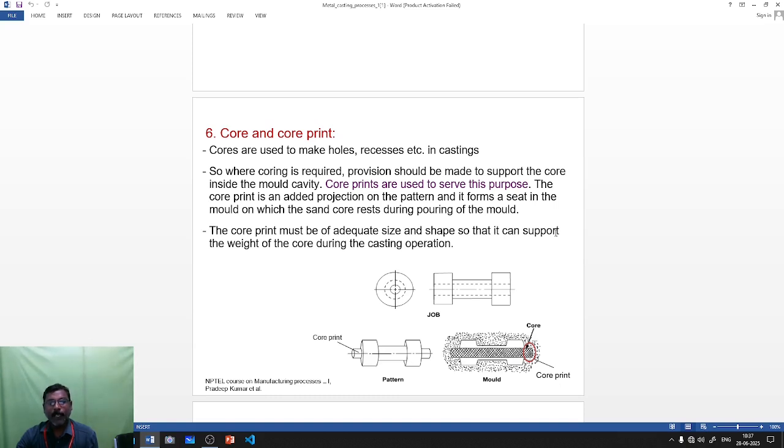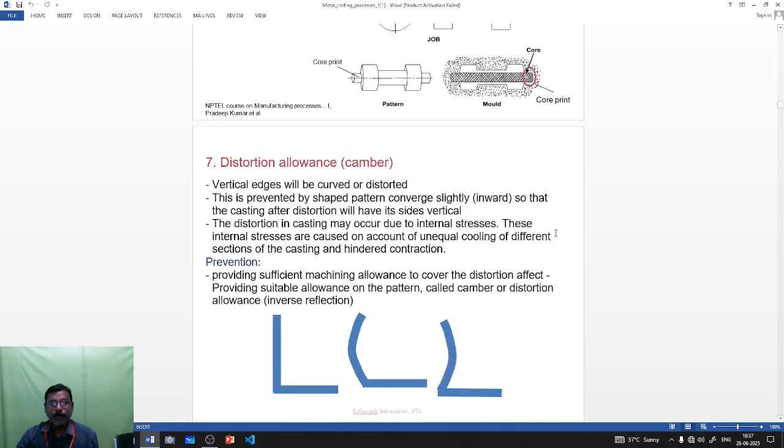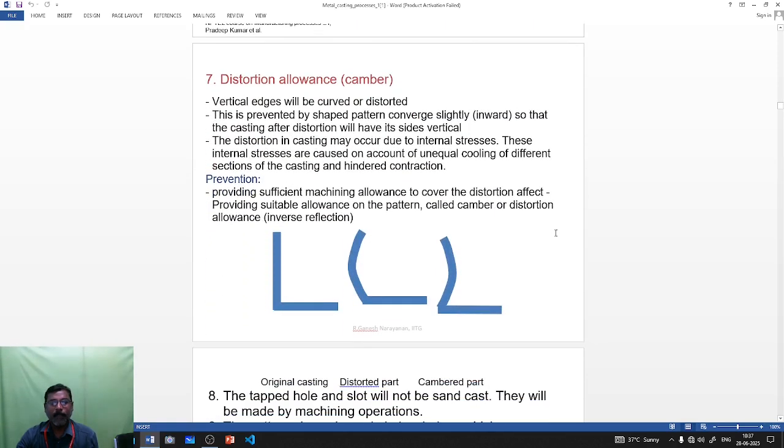The core print is an added projection on the pattern, and it forms a seat in the mold for the sand core. The core print must be of a size and shape that can support the weight of the core during the casting operations.